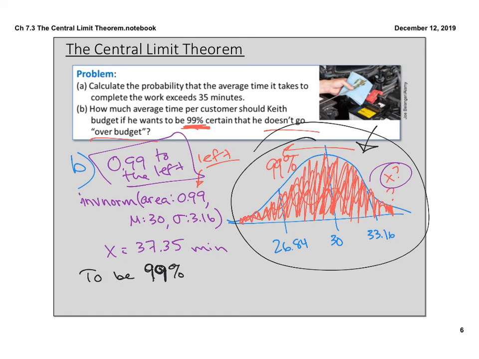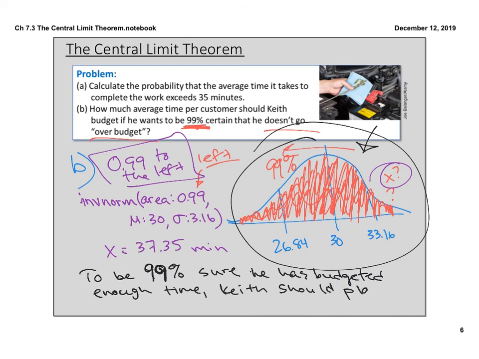To be 99% sure he has budgeted enough time, Keith should plan for an average of 37.35 minutes. There you go. There's my concluding statement.